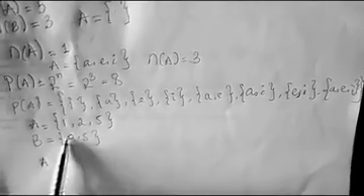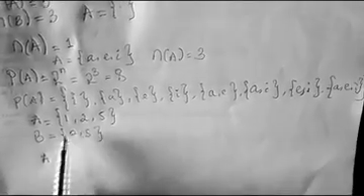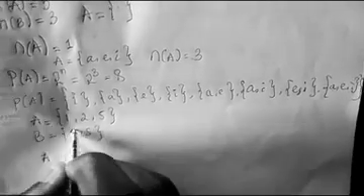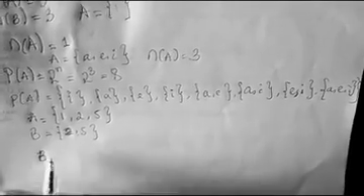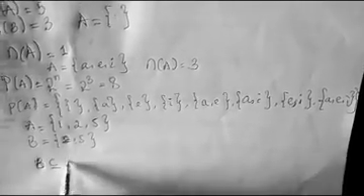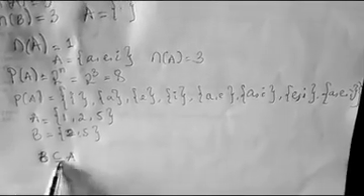Now, from here, we can see that since what I have in B is in A, then I will say my B is a subset of A. So we say B is a subset of A.